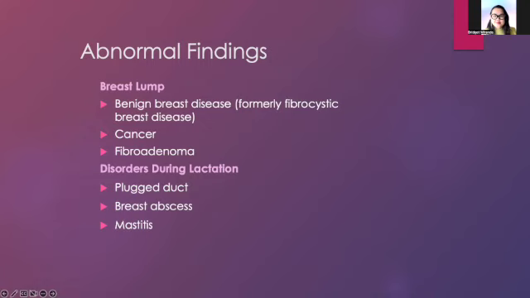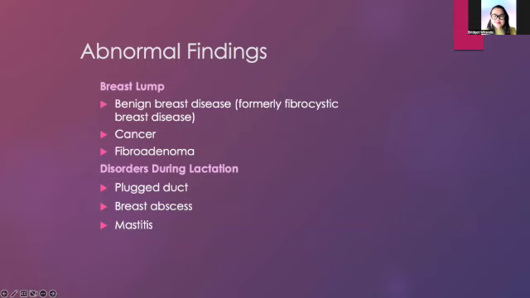Versus a cancerous nodule, usually is solitary, unilateral, typically 3-dimensional, and non-tender. They're hard, they're solid, they're dense, they're fixed to the underlying tissue or the skin. As cancer becomes invasive, there becomes irregular borders, poor delineation, and it starts to grow constantly.